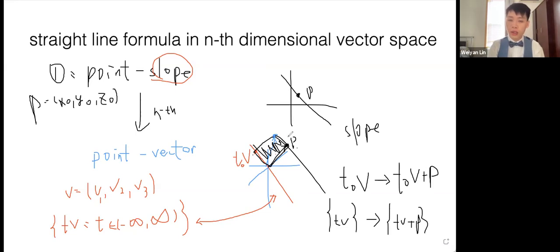So the points on this line passing through P and parallel to the vector V would be tv, which is tv1, tv2, tv3.